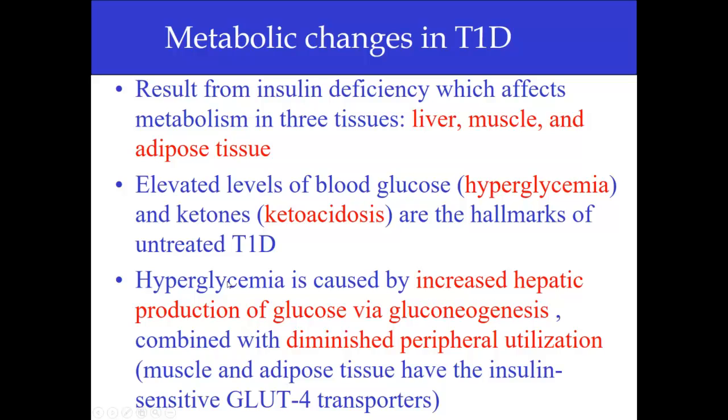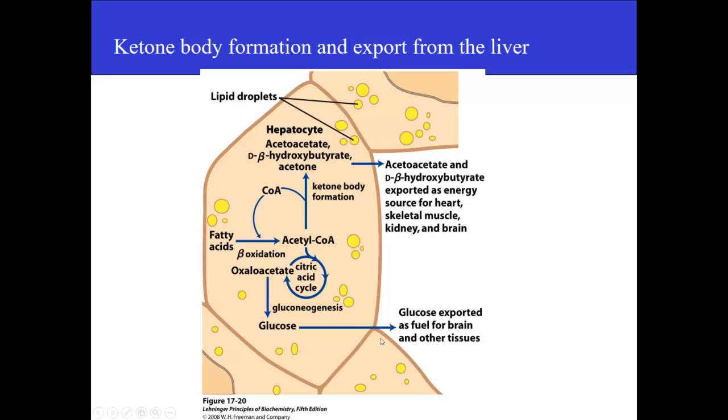There is nothing to tell the liver to stop making glucose, so we are going to have an increased hepatic production of glucose via gluconeogenesis. Again, there is no insulin to let that glucose enter the muscle cells and the lipid cells. Therefore, we are going to have a diminished utilization of the glucose by the muscles and the adipose tissue. We call this peripheral utilization.